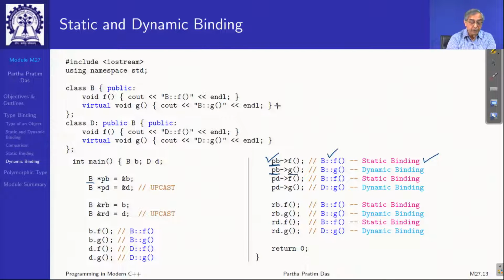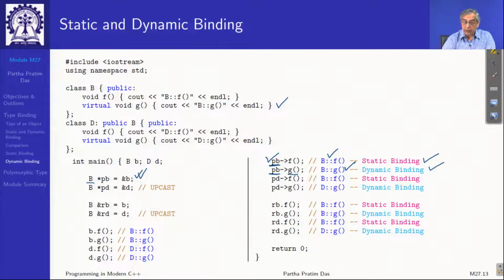Now, g is a virtual function. So, it will be dynamically bound. So, it depends on what p b is pointing to. p b is pointing to a B class object. So, since p b is pointing to a B class object at the runtime, it will invoke the B class function, but this is happening through dynamic binding.